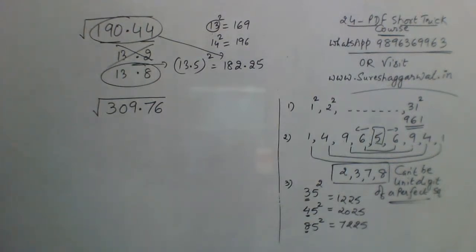It's my request, please don't use calculators. If you are doing it, you are spoiling yourself and spoiling the live stream also. And if you're getting the answers right without using the calculator, then nothing like that.